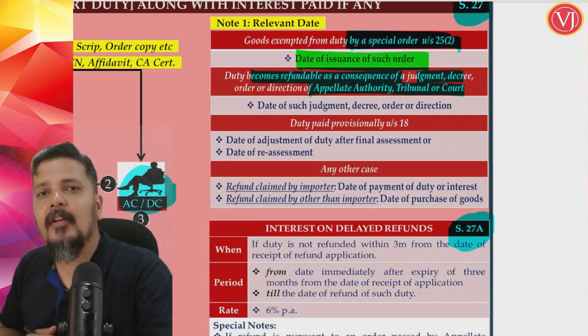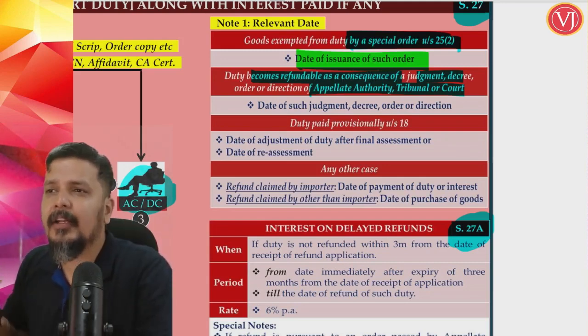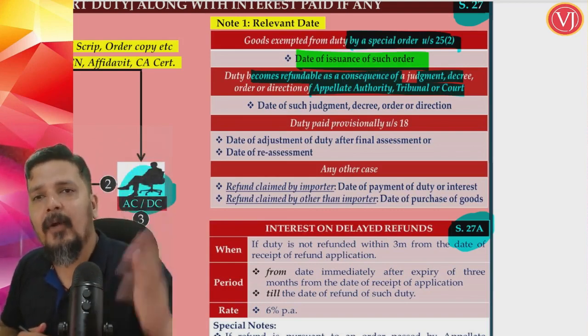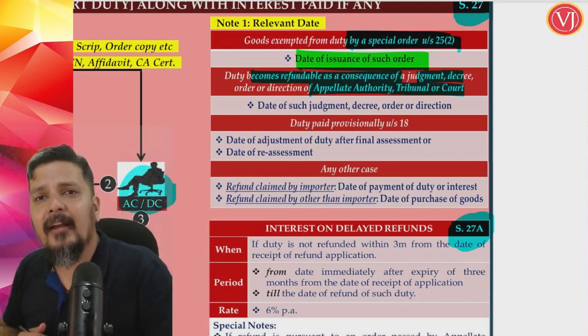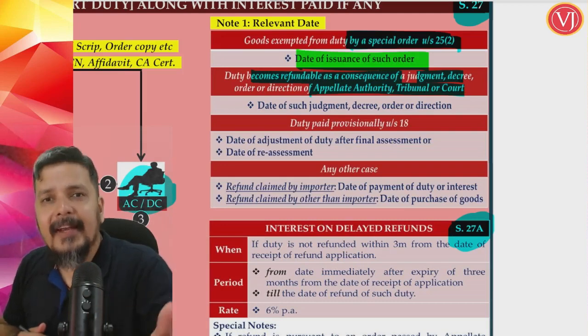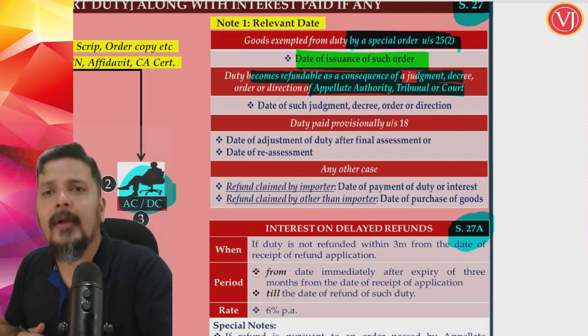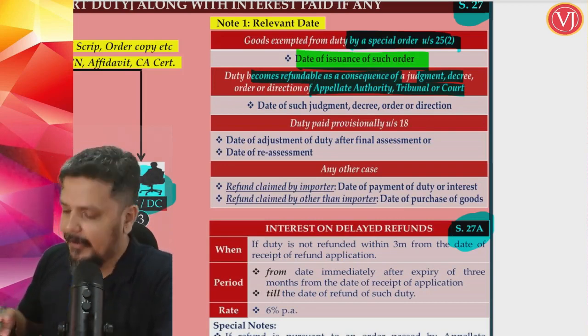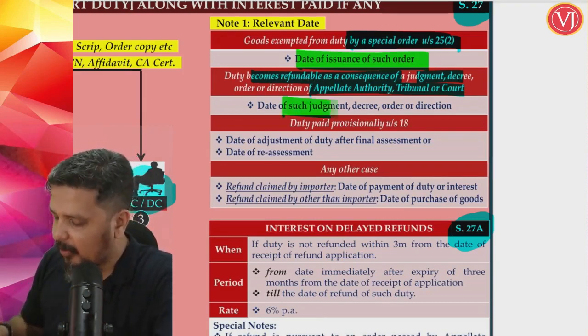Refund application within 1 year. Within 1 year from where? You paid that duty 10 years back. Now, 1 year will be calculated from where? From the date of the appeals order. Only today, after you get the appeals order, you get to know that you are eligible for refund. So, from the date of the order.